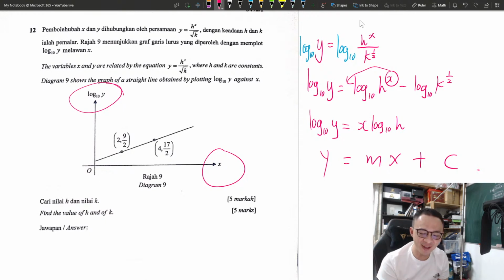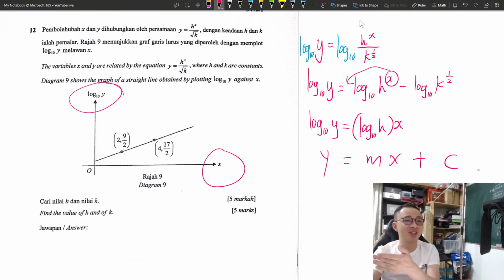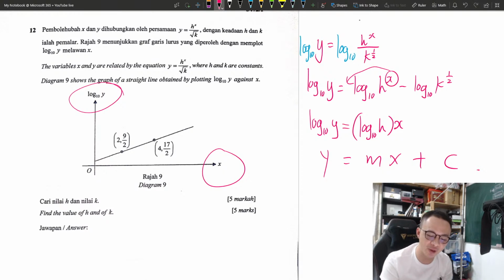So instead of writing x log 10 h, I will just swap places between these two to write log 10 h x. Because just now it was x multiplied by log 10 h, and this one is log 10 h multiplied by x. A multiplied by b and b multiplied by a is the same thing, isn't it? So we can always do this. Then this x is the x I want, and it's just nice. Then this one I will bring to the front as well, minus 1 over 2 log 10 k.